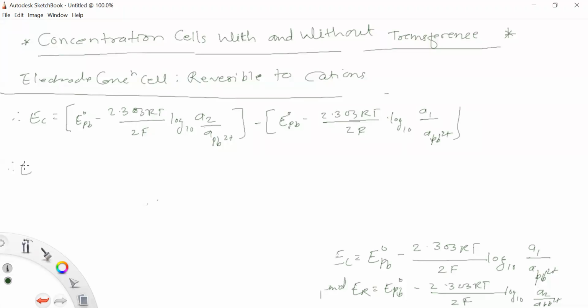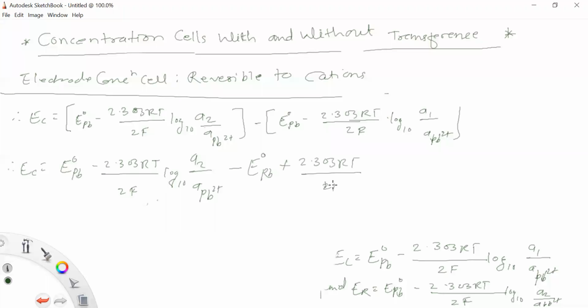आता कॉमन फॅक्टर्स आहेत ते बाहेर आपण काढतोय. EC is equals to just find out the common factors. आता याला लिहिताना आपण पहिल्यांदा हा सॉल्व करून घेऊया. देन E0Pb minus 2.303 RT upon 2F log of to the base 10 A2 upon activity of Pb2 plus, okay, minus this one E0Pb, so minus and minus this one plus, that is 2.303 RT upon 2F log of to the base 10 activity A1 upon activity of Pb2 plus, right.